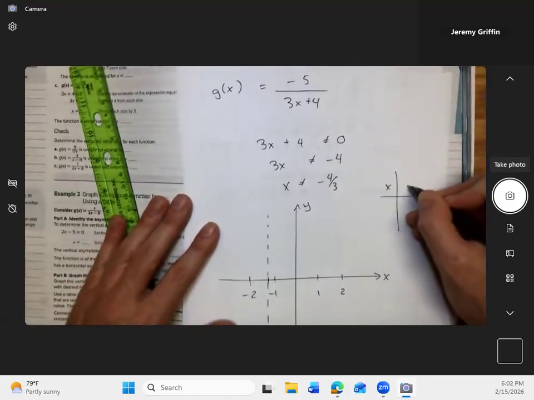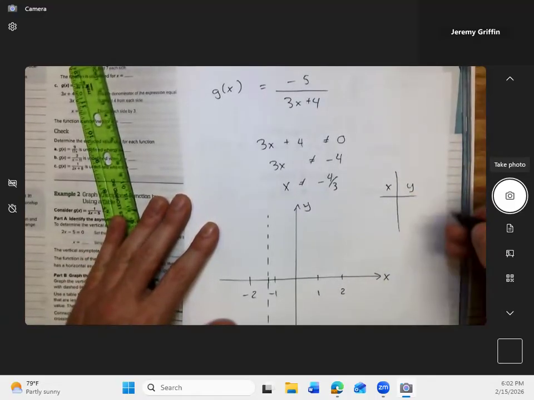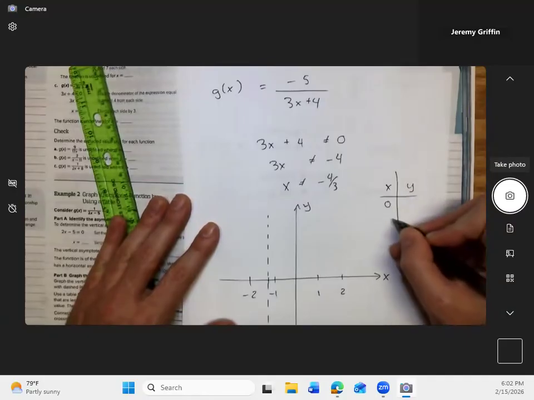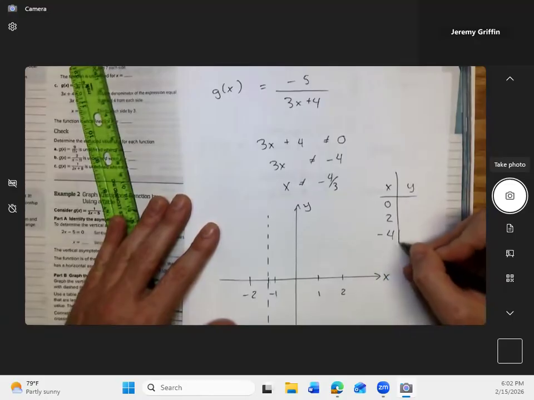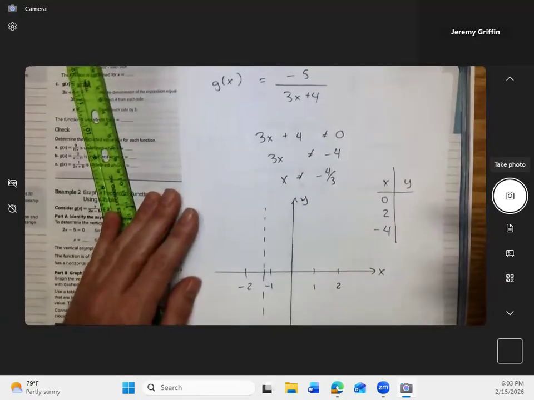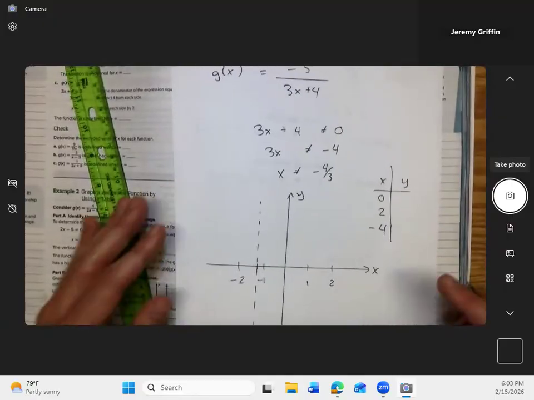I'll do a few. What happens when x is 0? Let's try 2, and let's try about -4. Let's get some points on the board, and then we'll flip over to Desmos and see if it's lining up. It should be good.